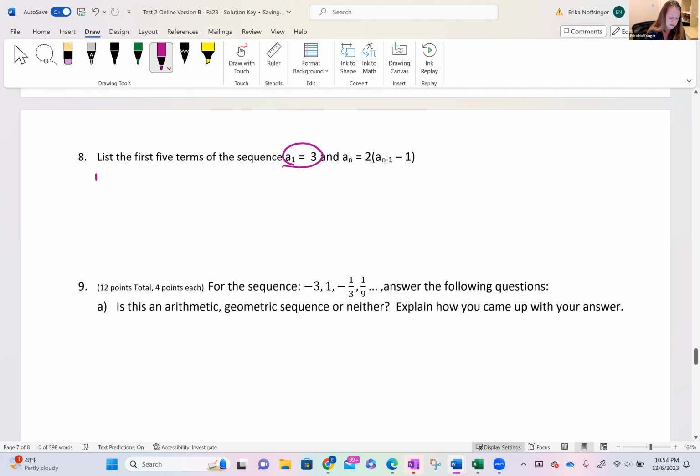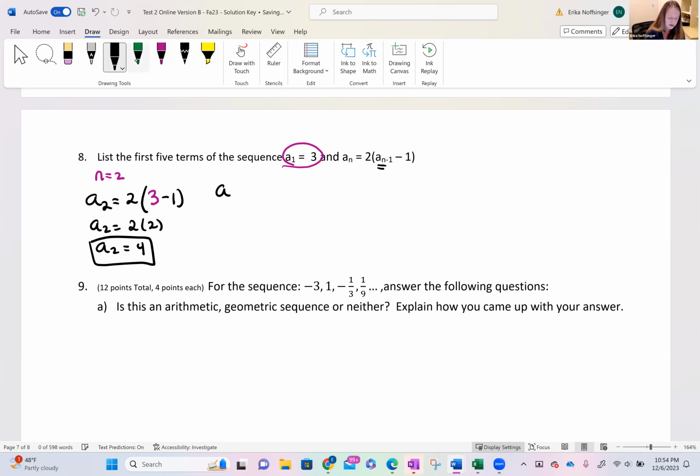So when n is equal to 2, to get our second term, we would have a sub 2, plugging in 2 wherever we see an n, is equal to 2 times 2 minus 1, which is a sub 1, but a sub 1 is 3, so we have 3 minus 1. So our second term is equal to 2 times 3 minus 1, which is 2, so our second term is equal to 4.